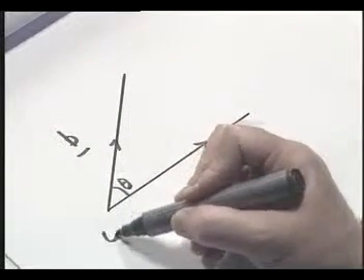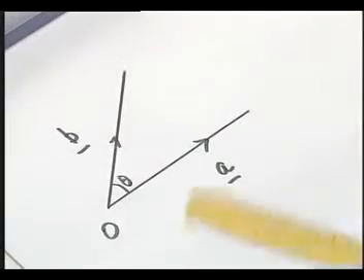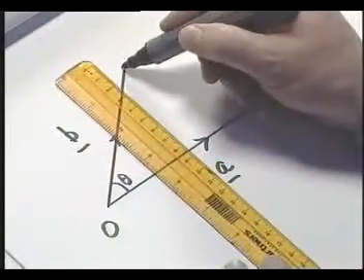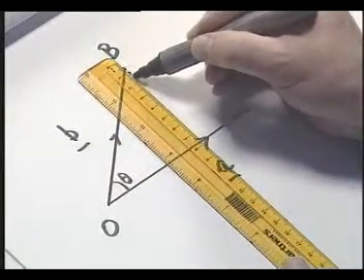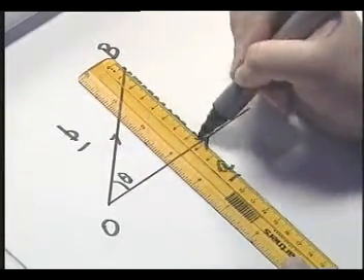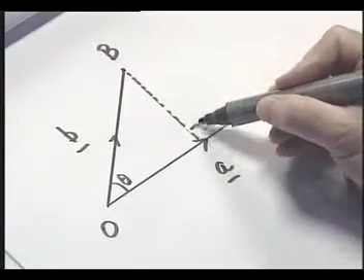Let's call this point O, and what I'm going to do is I'm going to drop a perpendicular from this point, which I'll call B, down to meet the vector A.